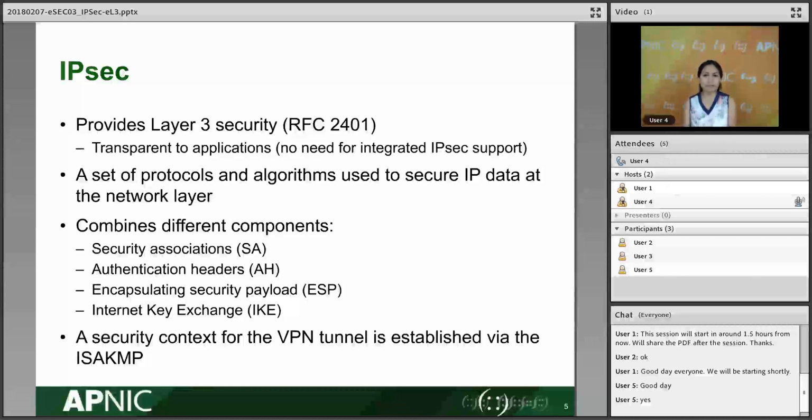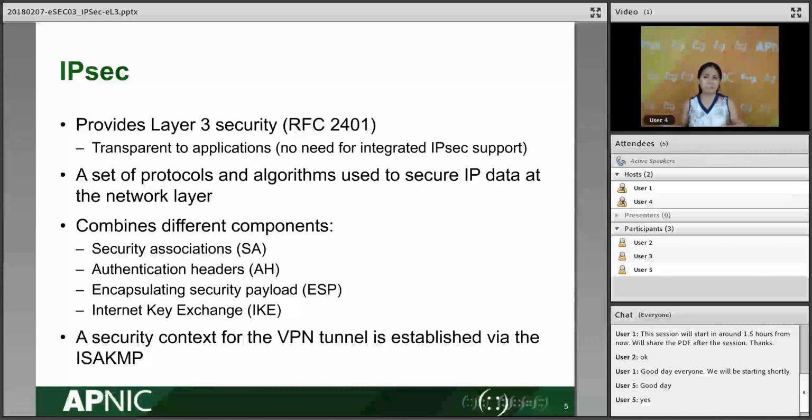Now, there are a few advantages to doing this. It's because it is applied on a lower layer. It's something that network operators and network administrators do, but users don't have to be affected by it. Most applications don't have to be compatible with it. They don't need to set up anything. You don't have special configurations on the client side.